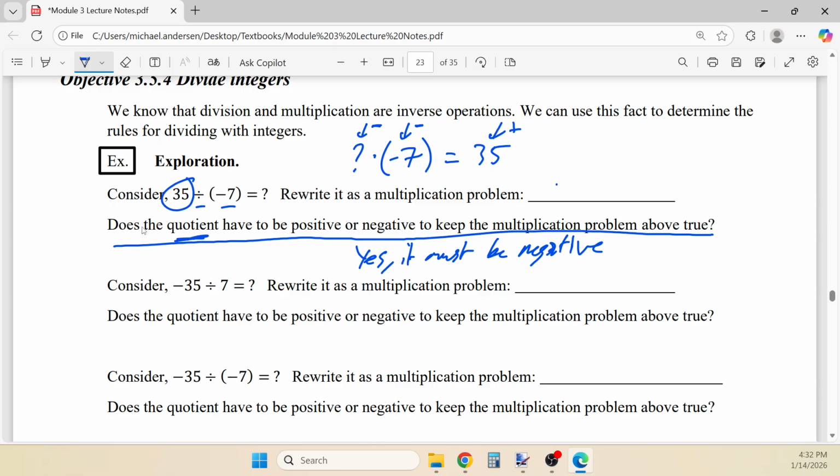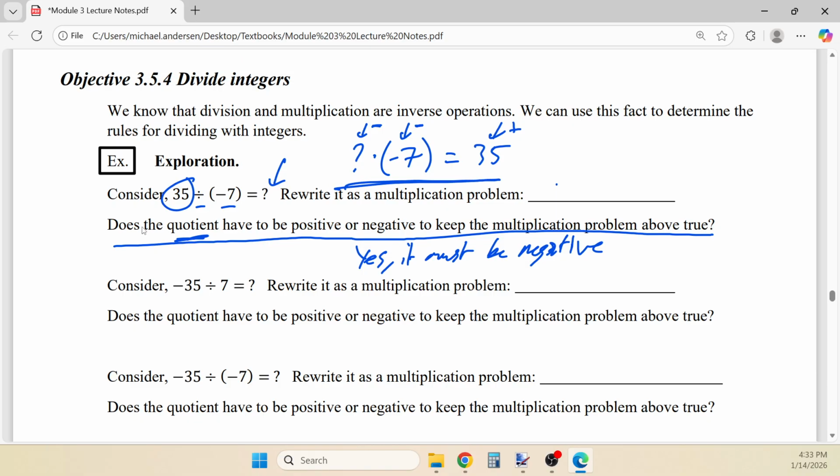Quotient just means the answer in a division problem, so that's this number here. We just showed by rewriting as a multiplication problem that the question mark must be negative. Okay. Consider negative 35 divided by 7. Rewrite as a multiplication problem. Here it is. We get something times 7 equals negative 35.